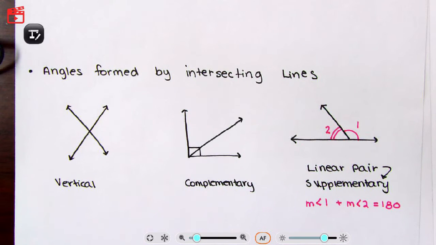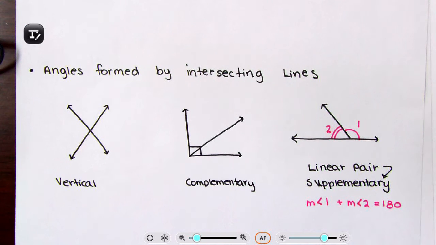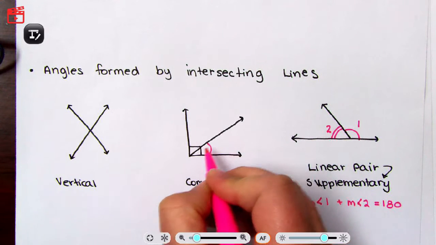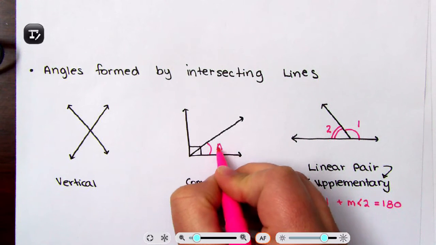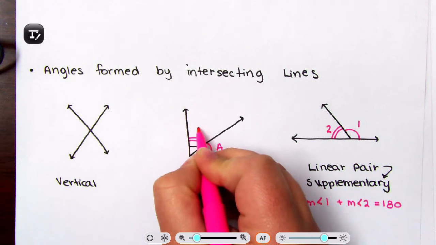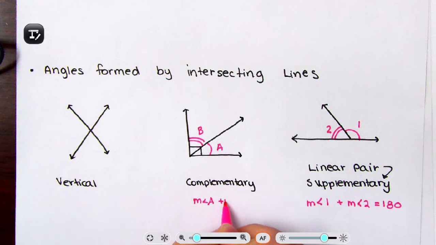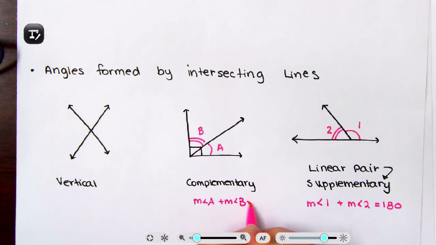Another type of angle formed by intersecting lines is a complementary angle. That means if I have angle A here, and then I have angle B here, the measurement of angle A plus the measurement of angle B is equal to 90.